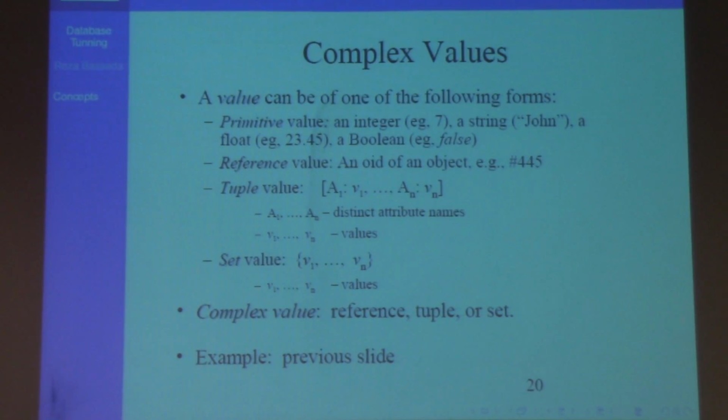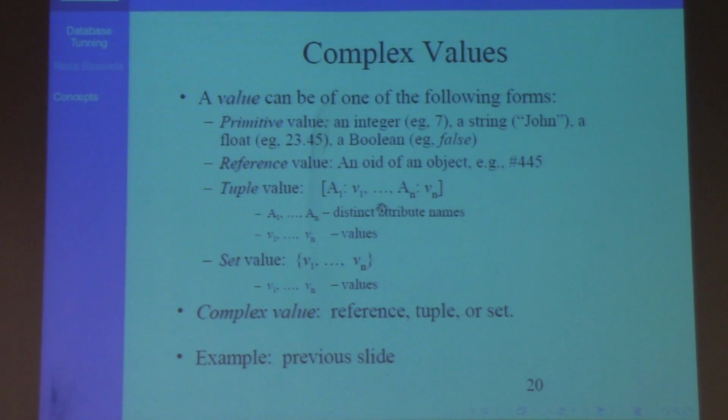The value also can be a reference value. It can reference another object like this, okay? So you can have an object ID referencing another object ID. It can also be tuple values, like attribute 1, value v1, attribute n, value vn. So when you have tuple values, you have a set of distinct attribute names and a set of values assigned to each of those attributes.